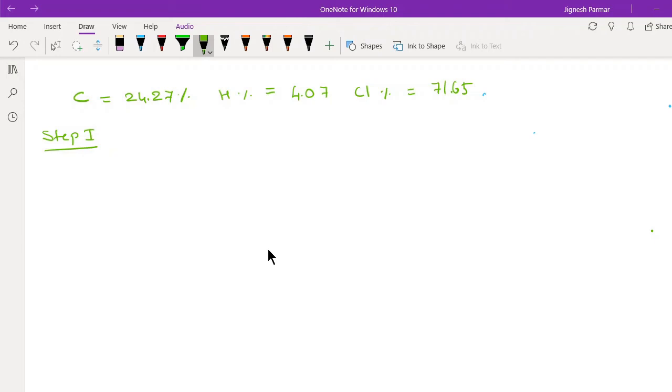So to find the empirical formula, step 1 is the calculation of empirical formula. For this, I need to form a table.